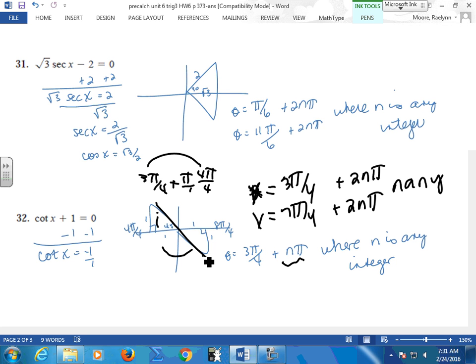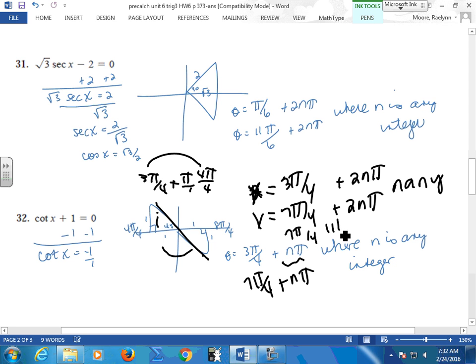What if I put 3 pi over 4 plus n pi, but then I also put 7 pi over 4 plus n pi? If you do 7 pi over 4 plus n pi, you're basically getting the same angles all the time. Watch, if you added 4 pi over 4, you got 7 pi over 4, then 11 pi over 4, then 15 pi over 4.